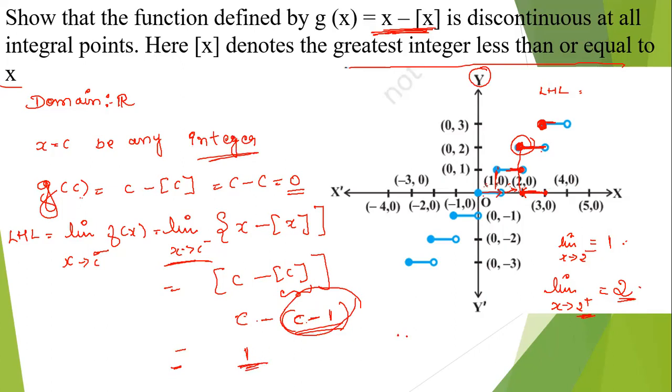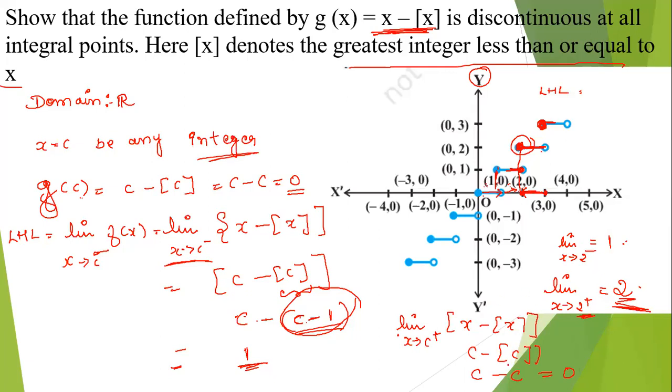But what will be the right hand limit? Tell me. As x tends to C plus, what do you get? X minus box x, so it will be C minus box C. So for the right hand limit you get the same value, C itself. So C minus C, you get 0. Correct?